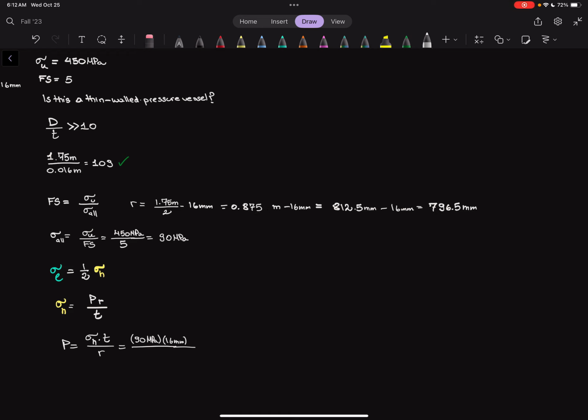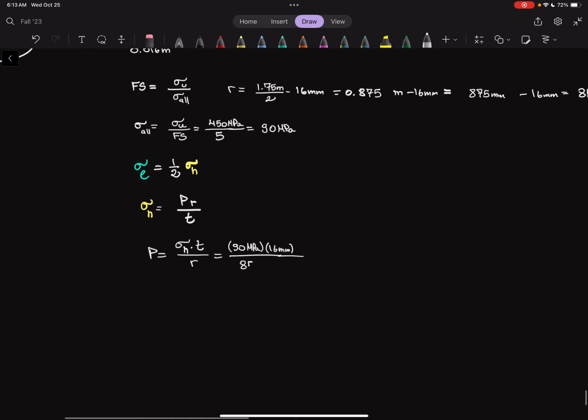So that's 875 millimeters, minus 16. 875 minus 16 is 859. Okay, now we have our radius, so now we can put that in here.